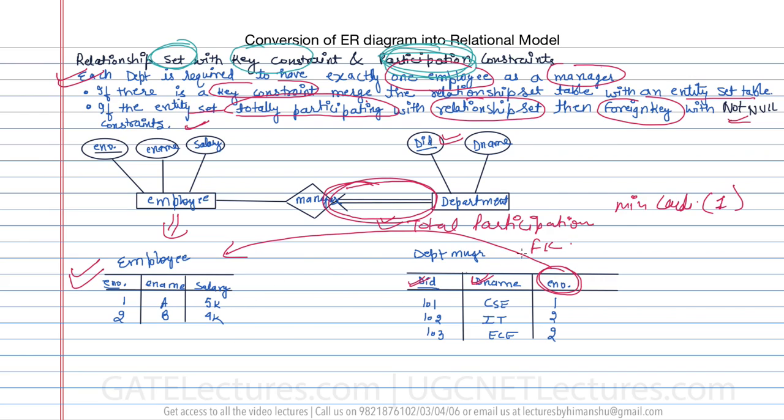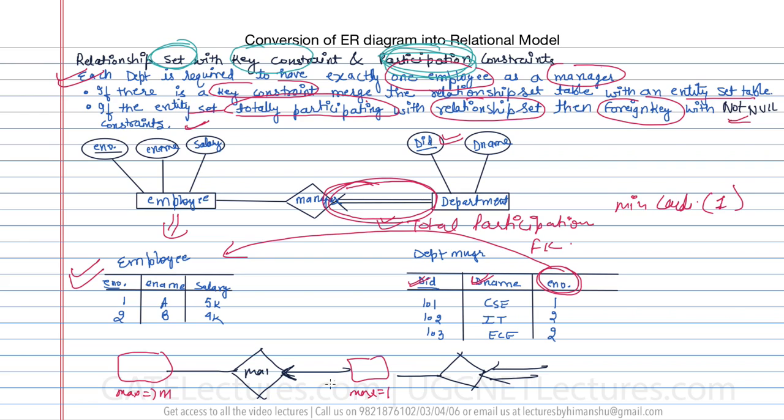Okay, see guys, there's a difference between a relationship like this, manages, and one like this. There's a difference between this, and if I show a relationship like this, there's a difference between this. The difference is, you can see from this side, this entity is having the maximum cardinality as m, and this entity is having the maximum cardinality as 1, right?